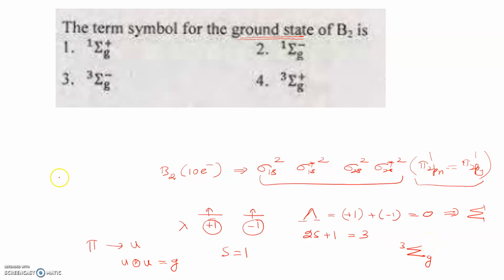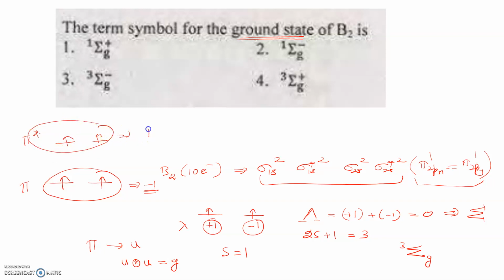Remember, if the molecular orbitals are degenerate, in the case of pi or pi star, and you have one electron in each of these molecular orbitals, then you will get a minus sign. It is antisymmetric with respect to the plane passing through the internuclear axis. Similarly, if you have any other system having one electron in a pi star orbital, then also the symmetry with respect to the plane passing through the internuclear axis is -1. Therefore the term symbol is minus.